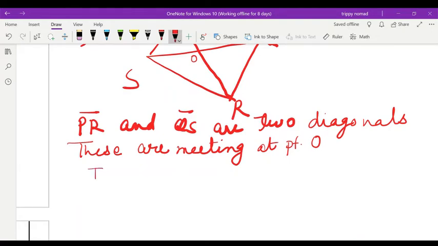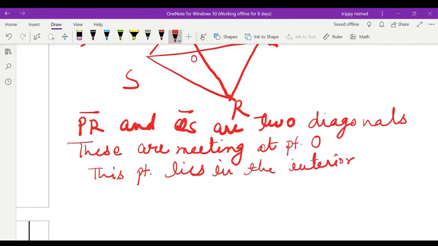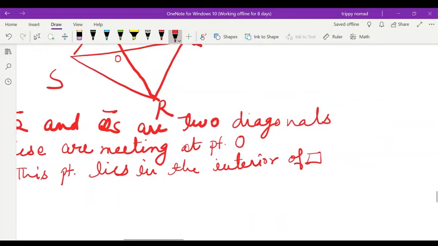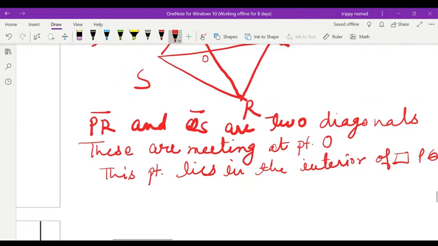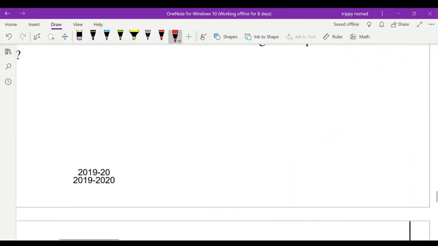And this point lies in the interior of the quadrilateral. Which quadrilateral? PQRS. I hope you understood, children. Now we are going to start.